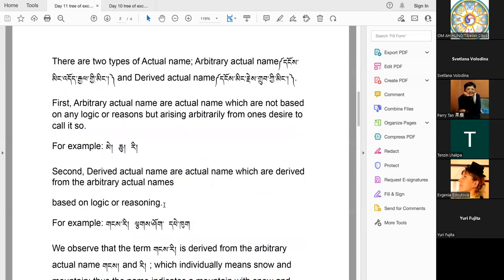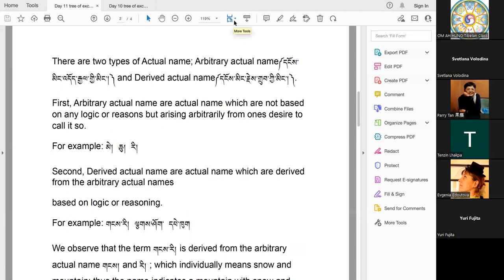Now, the second, which is the derived actual name, are actual names which are derived from the arbitrary actual names. The arbitrary actual names become the basis of the logic, and based on these terms we have these other names.